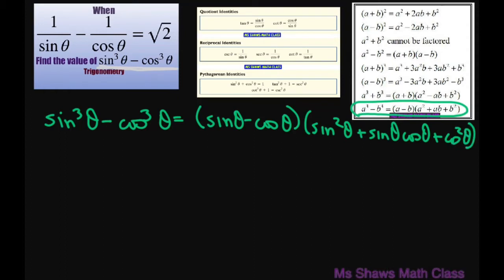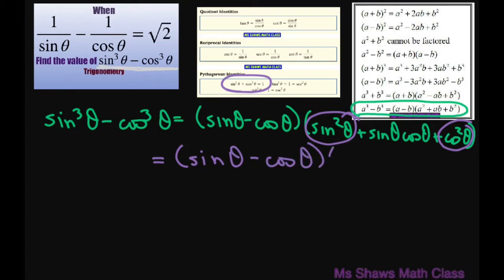Now, using your Pythagorean identities, sine squared of theta plus cosine squared of theta equals 1. So this is going to give me sine of theta minus cosine of theta, and then we'll have 1 plus sine of theta cosine of theta.